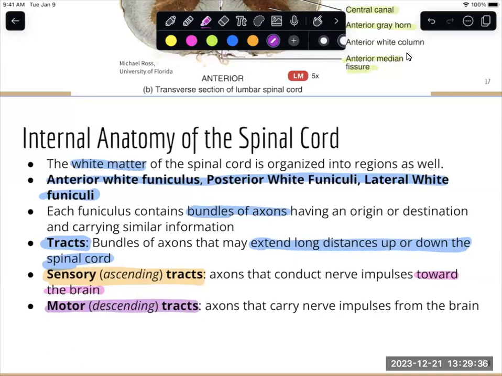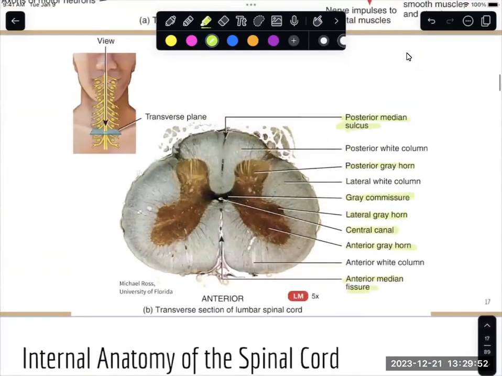This is going away from the brain. So it goes from the brain down to its destination. These sensory tracts and motor tracts are going to be found in this posterior white column. That's another name for the funiculus, is columns. Lateral white column and these anterior white columns.